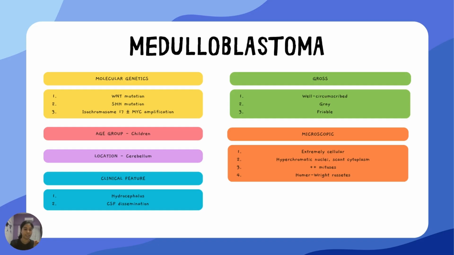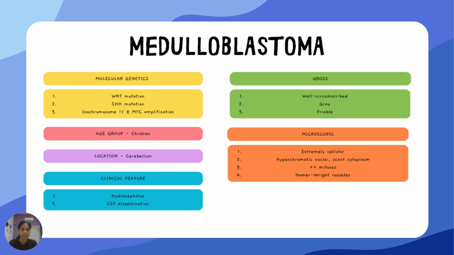This CSF dissemination is where your tumor goes to other spaces through your CSF, because CSF is where everything will pass. So it brings it through your CSF, and here you will have your drop metastasis, if I'm not mistaken.